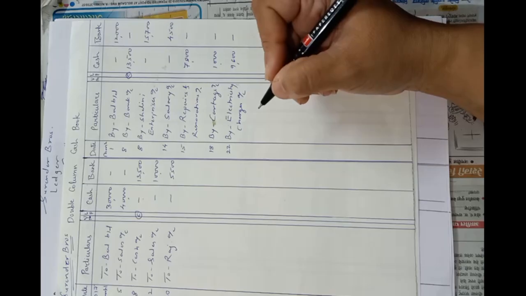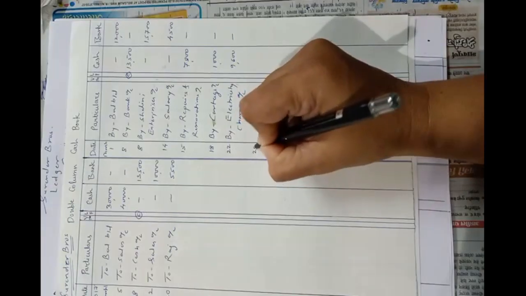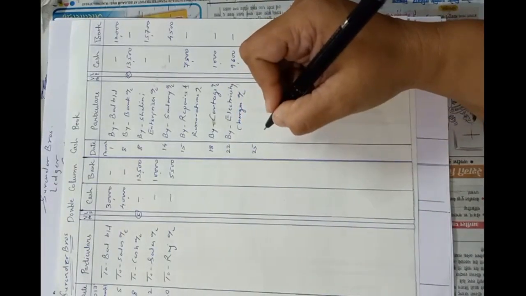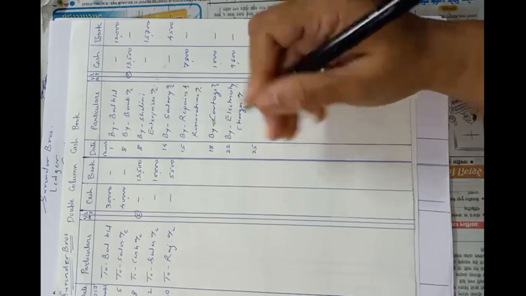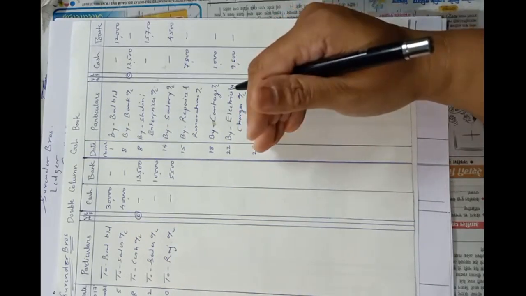Now see the entry of the amount withdrawn from bank, so it will be entered on the payment side. There are two entries involved. One entry is of drawings and one entry is of withdrawing cash for office use. Withdrawing cash rupees 7000 for office use will be a contra entry.